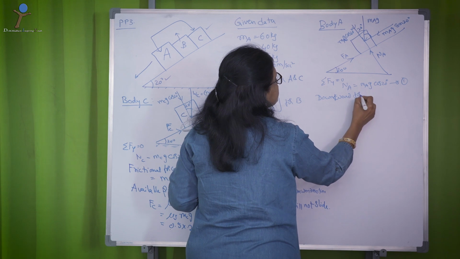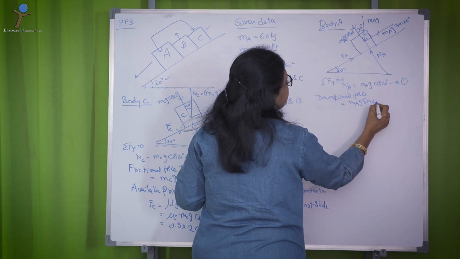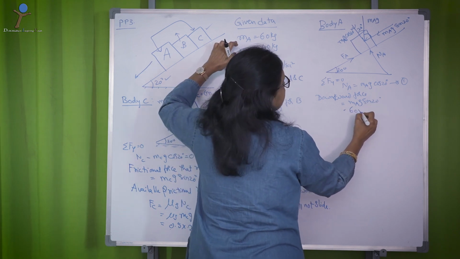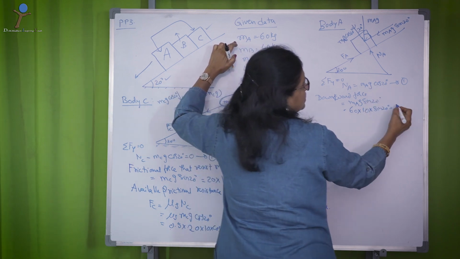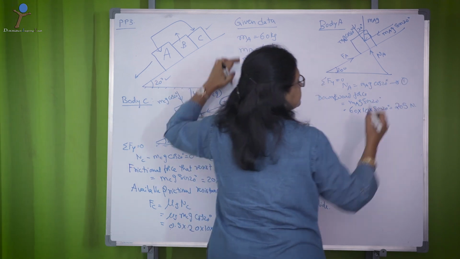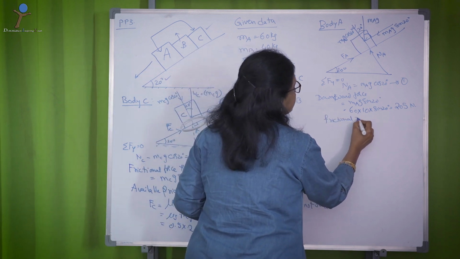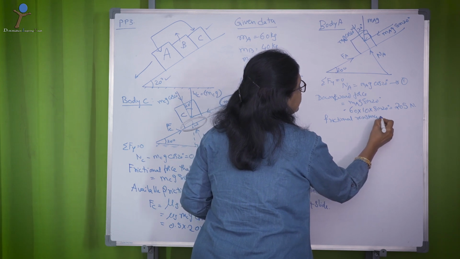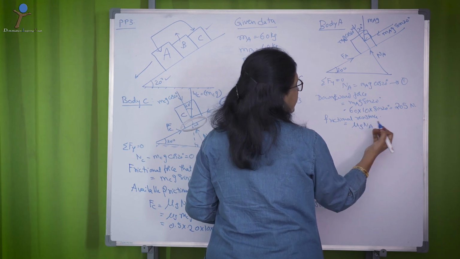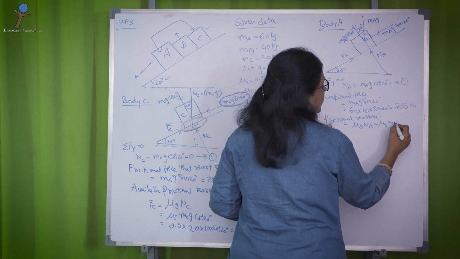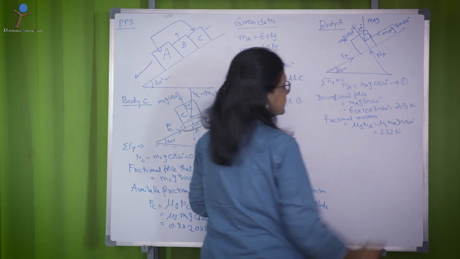The downward force here is MAG sin 20, you write M A 60 into 10 into sin 20, which comes around 205 newtons. Then find out the frictional resistance, which is given as mu s into NA, that is mu s into MAG cos 20, and this comes around 232 newtons.